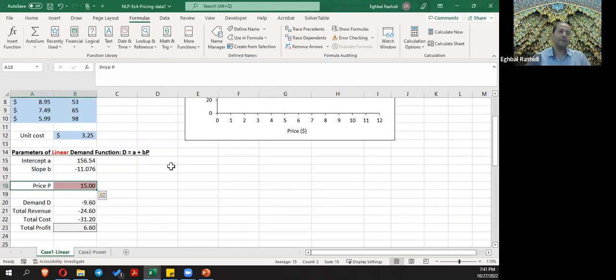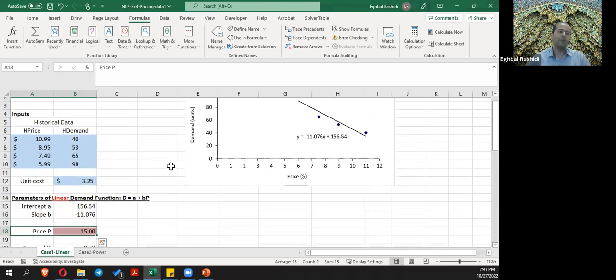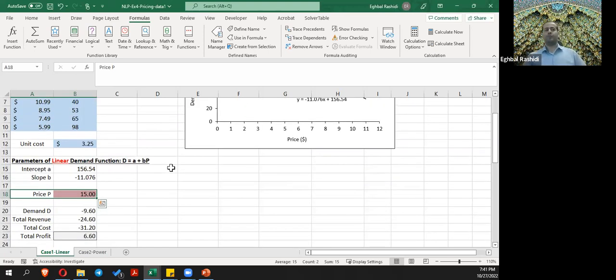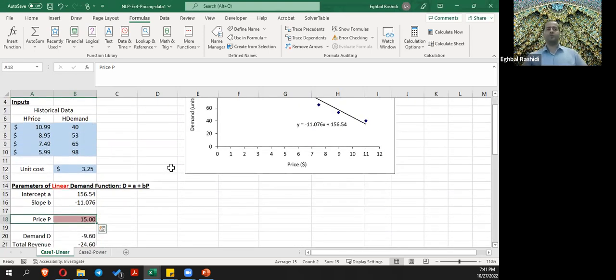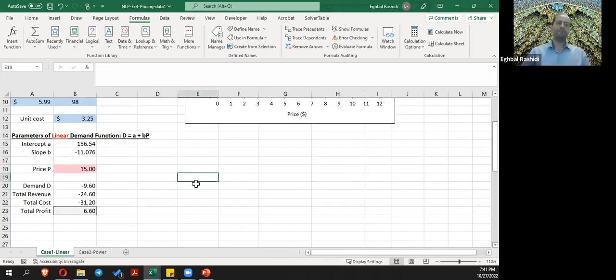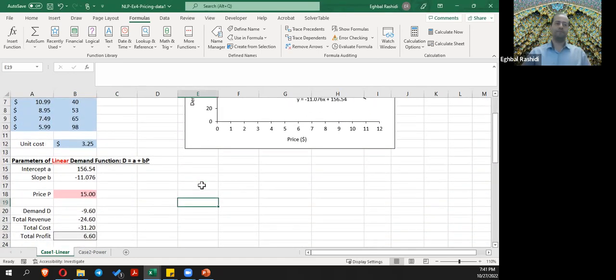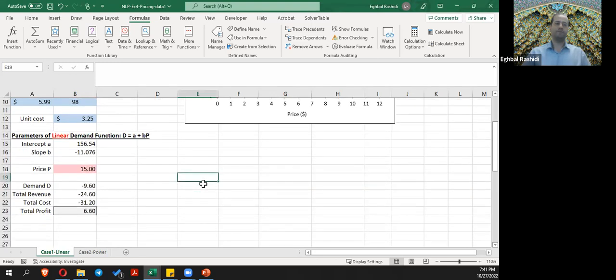What else do we need? Decision variable. I think that's it. All right, so let's go ahead.